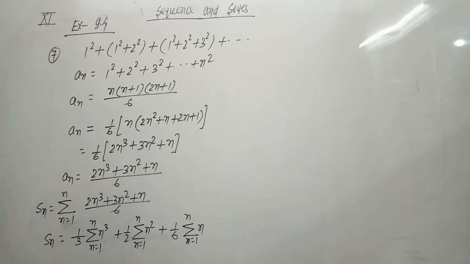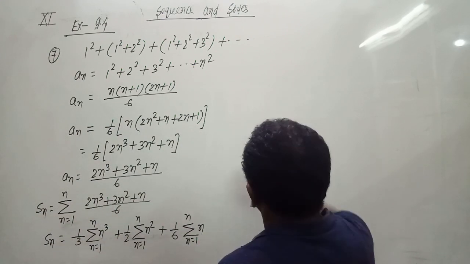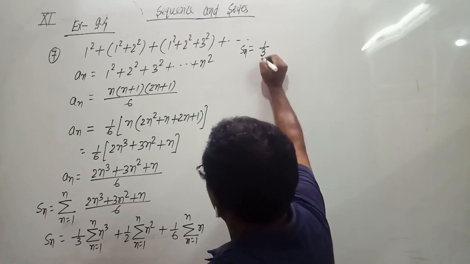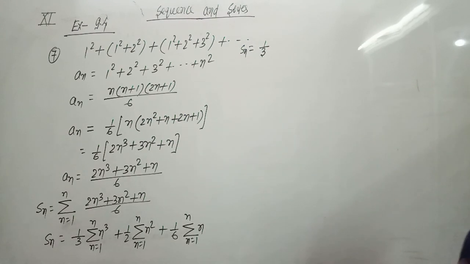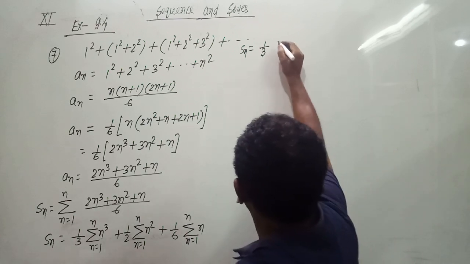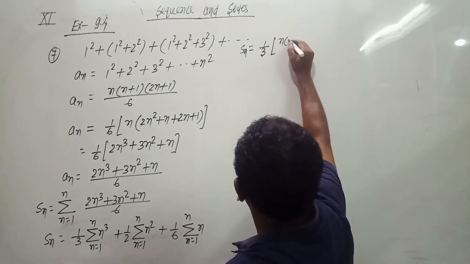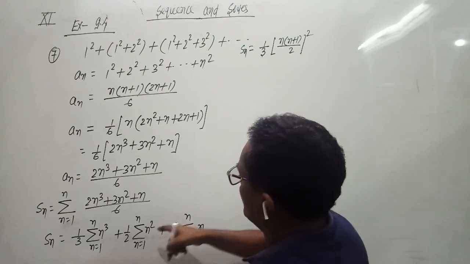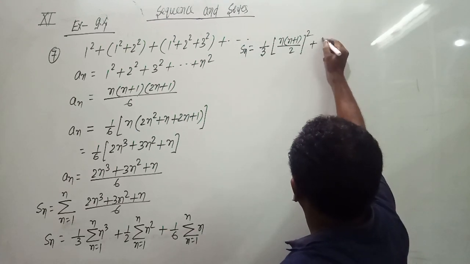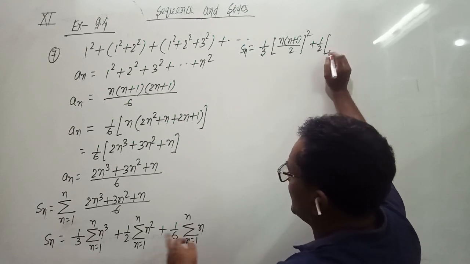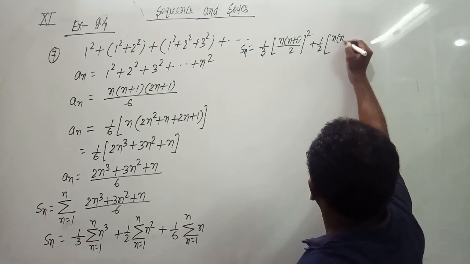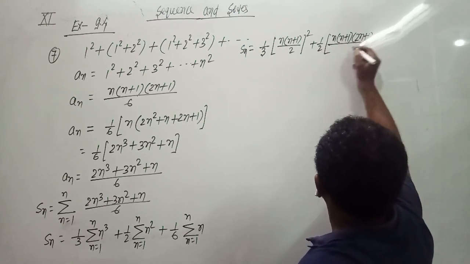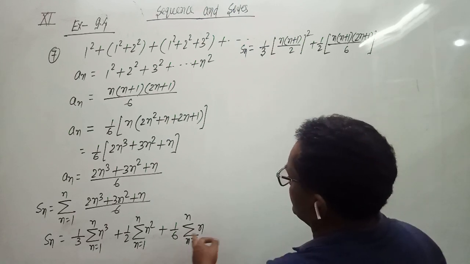Now we write the formulas. So Sn equals to 1 by 3 sigma n cube. The formula for sigma n cube is n into n plus 1 by 2, the whole square, plus 1 by 2, and the formula for sigma n square is n into n plus 1 into 2n plus 1 upon 6, then 1 by 6 sigma n.